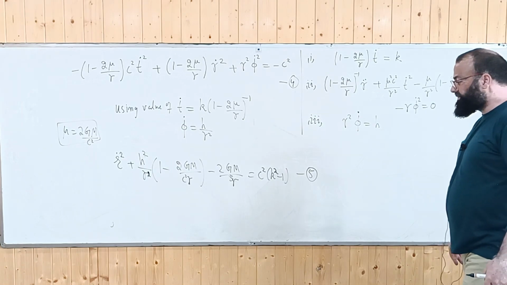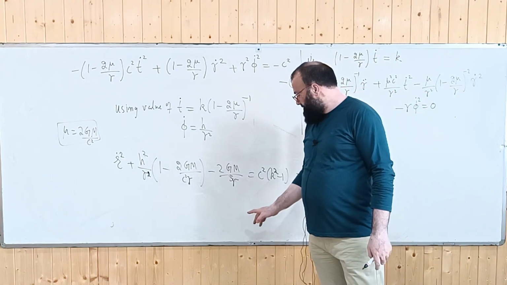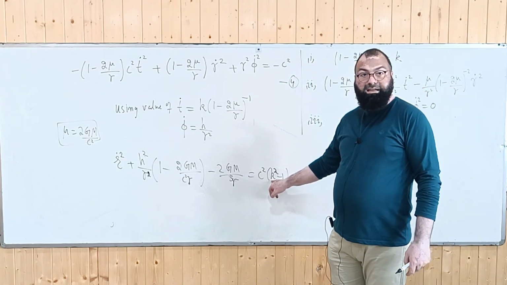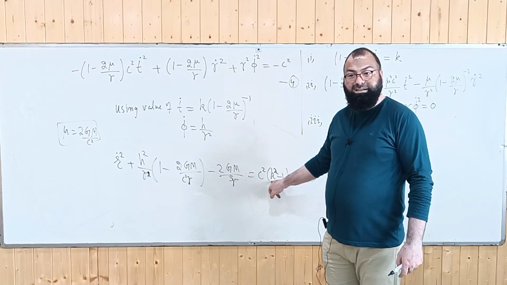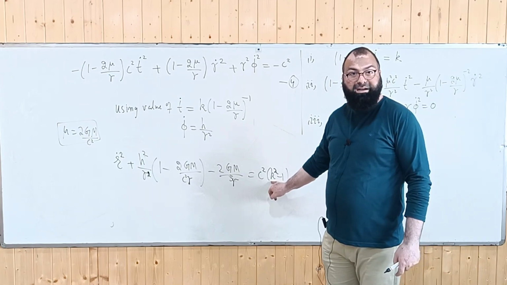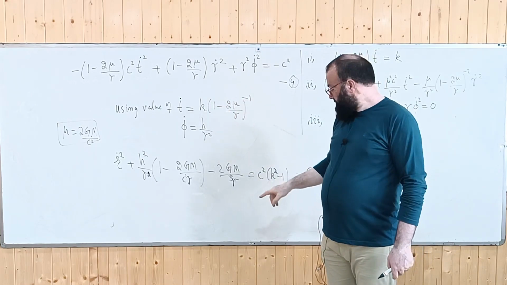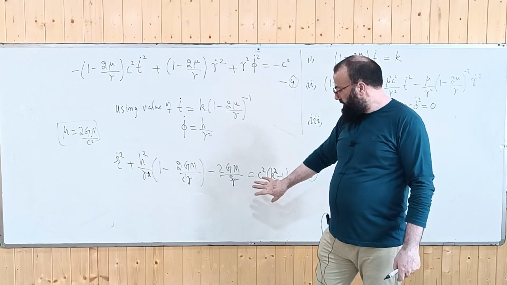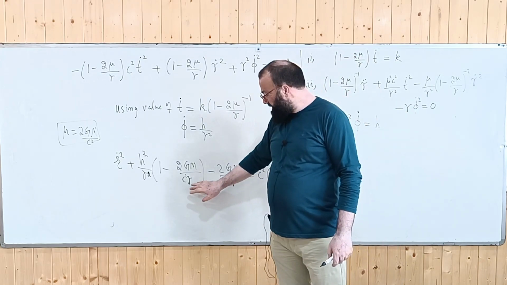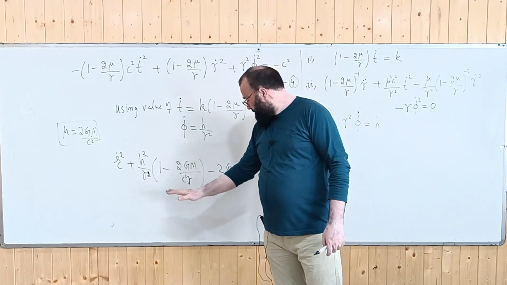Now let's take r tends to infinity. Then this k will be actually 1, because at infinity you simply have the energy of the particle, as we have seen in the interpretation of k. So this term goes to 0.